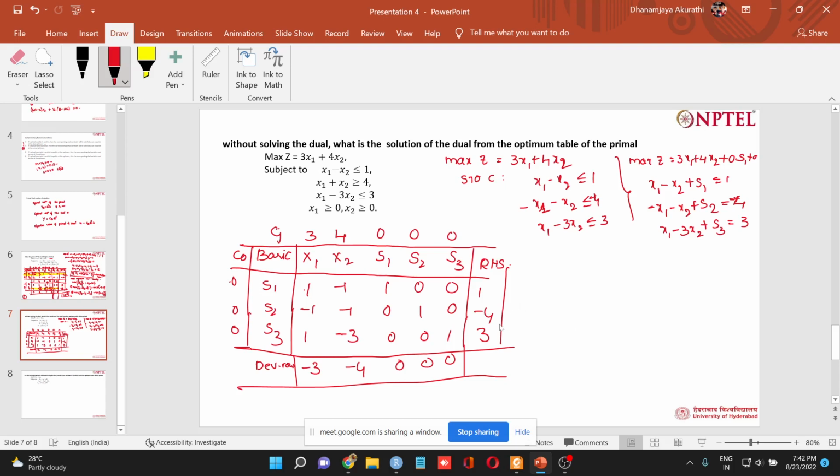So the leaving variable corresponds to minus 4, only one negative value is involved. So S2 would be the leaving variable. Before going to the next iteration, if you are looking at this table, whether you identified any note on this table, just observe that.